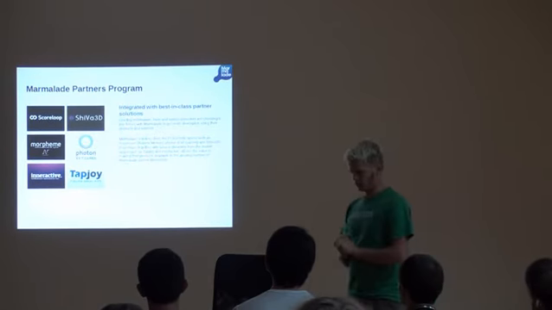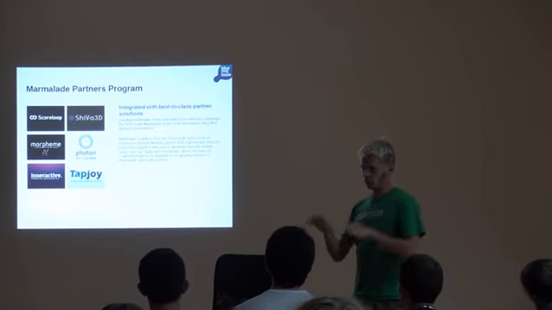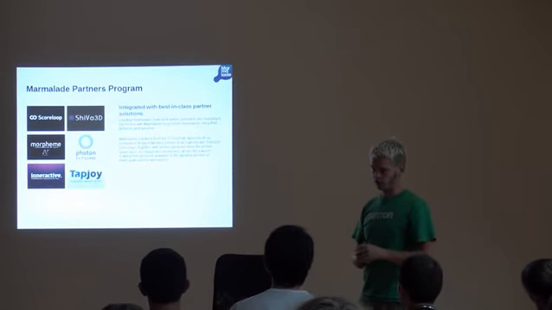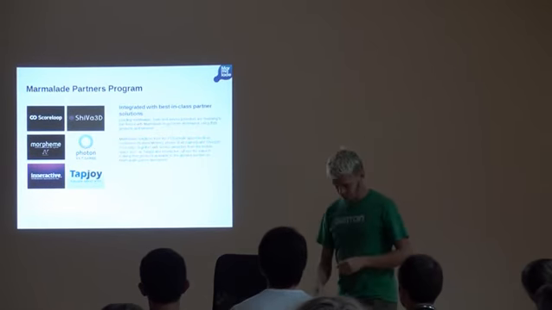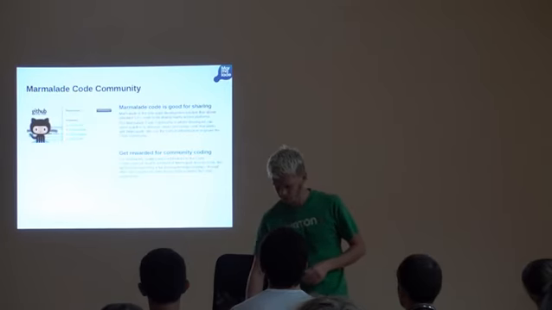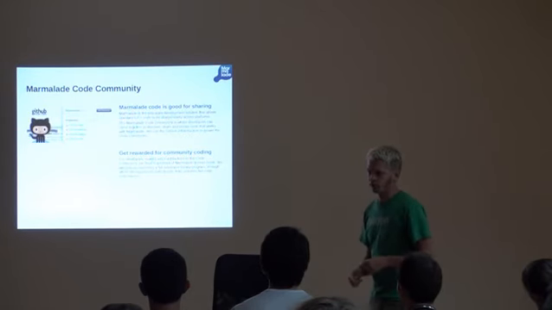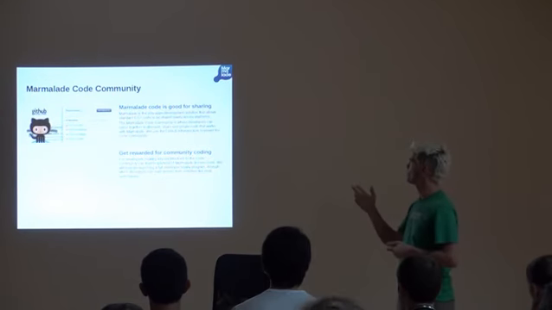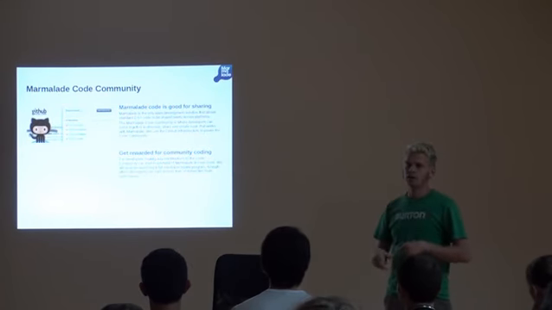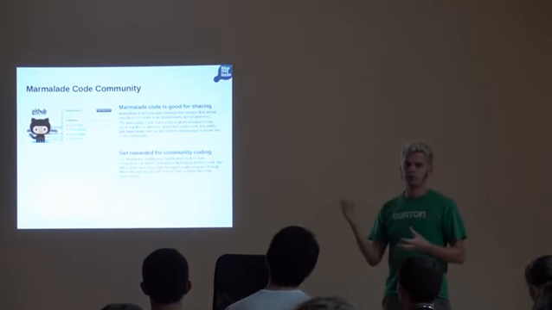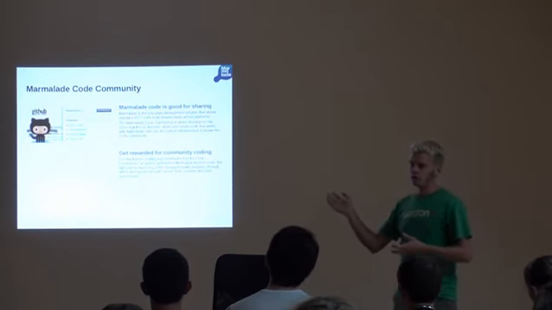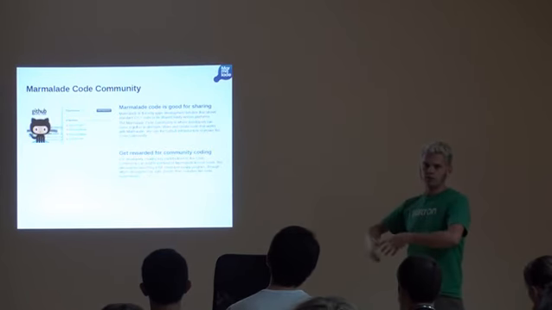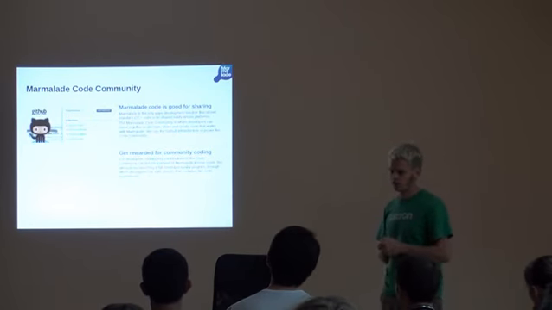So almost any game engine or 3D engine can be built on top of Marmalade. And for the middleware that's open source, we have this code community on GitHub. If you just want to help port some middleware to Marmalade, this is where you do it. Once it's ported, we provide packages so you can just use it very easily.